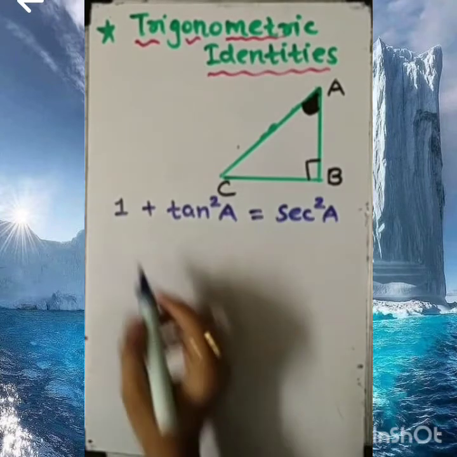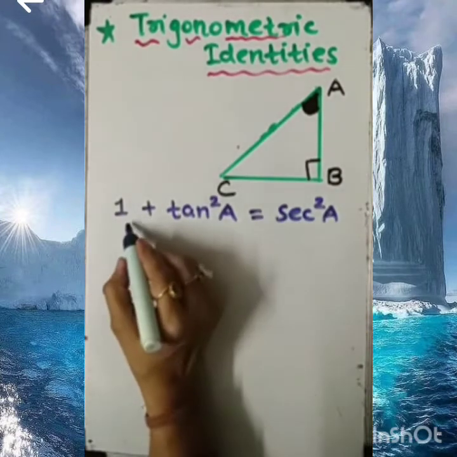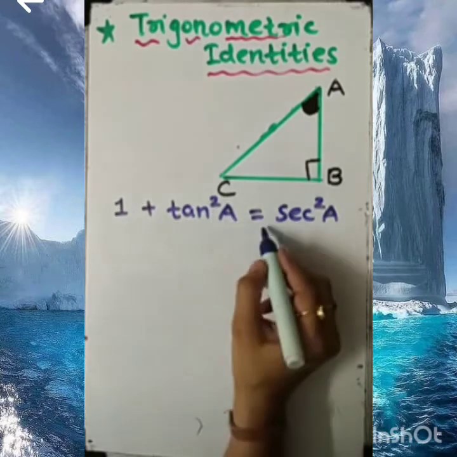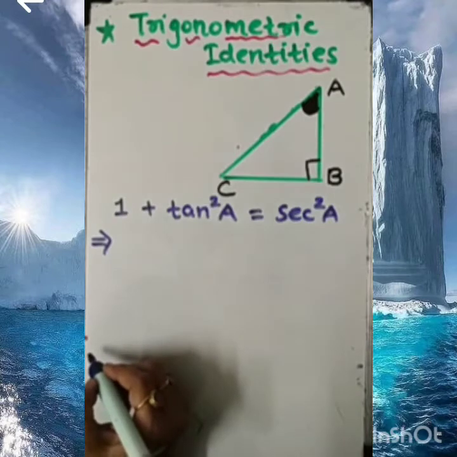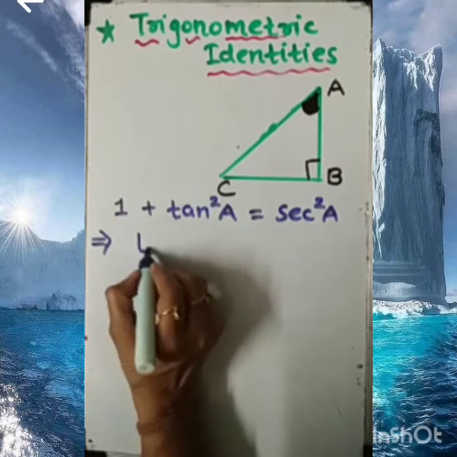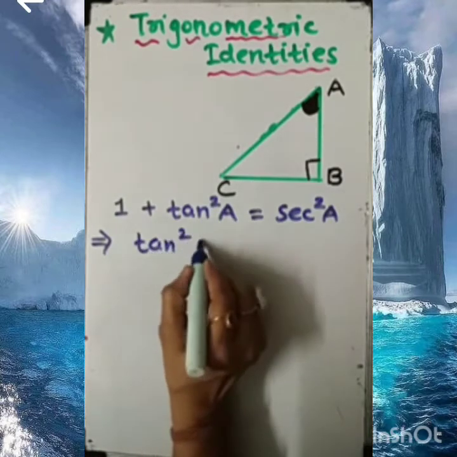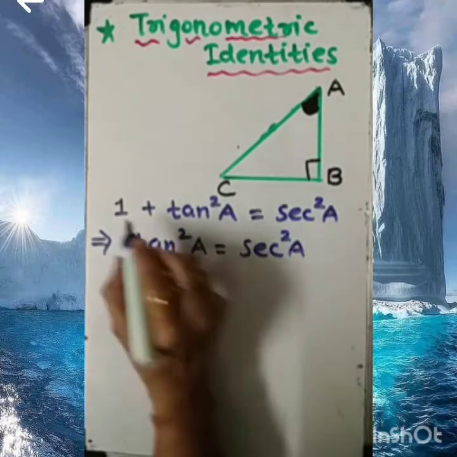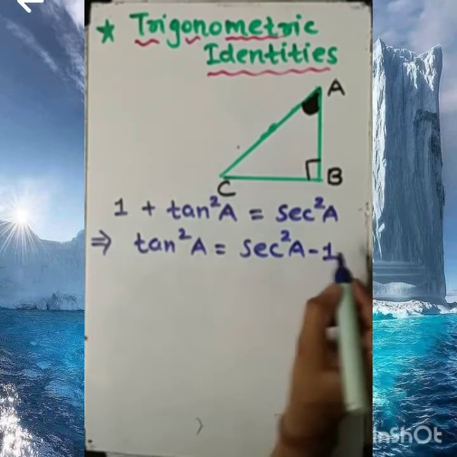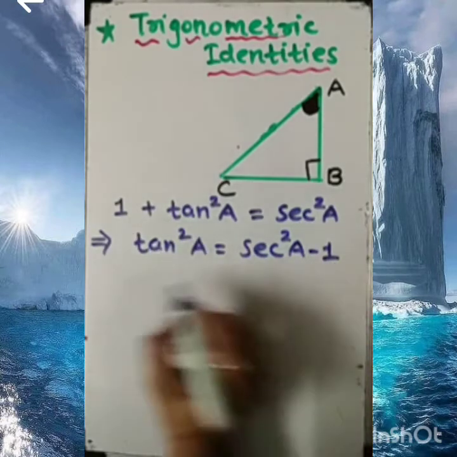Now let's derive two important results from this identity. This is the second identity, 1 plus tan square A equal to sec square A. Two important results we can have. If I make tan square A the subject, then tan square A equal to sec square A minus 1, because this 1 goes to the other side and becomes minus 1.